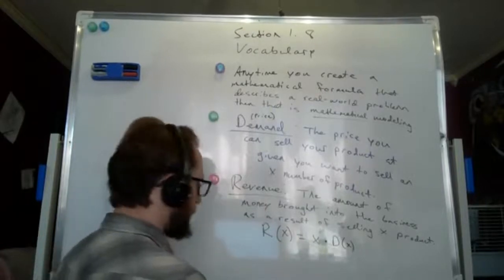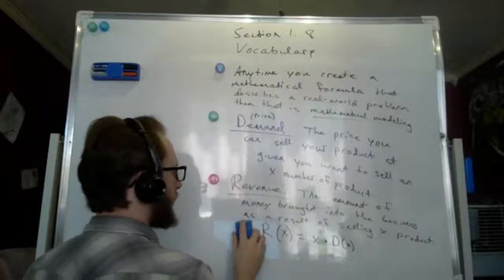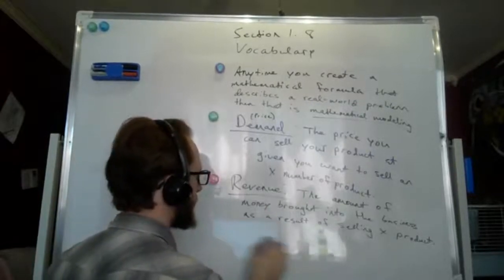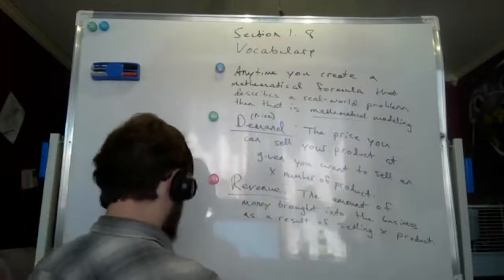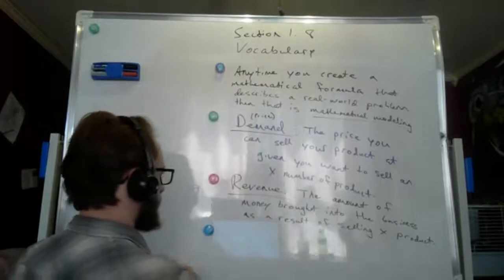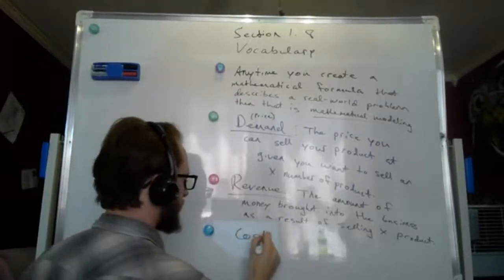So that's revenue. Now, as we move forward, got a few more functions we want to cover before we start talking about some examples. Next, we want to talk about cost. So what is cost?